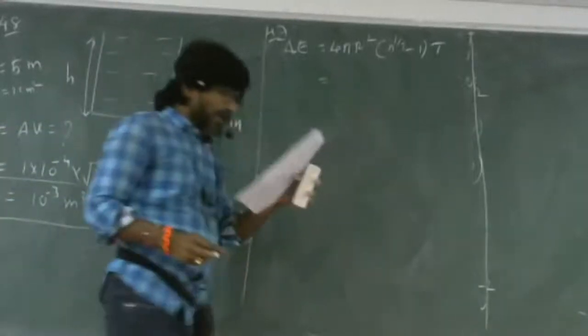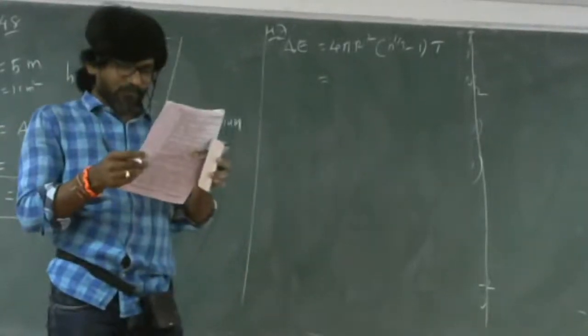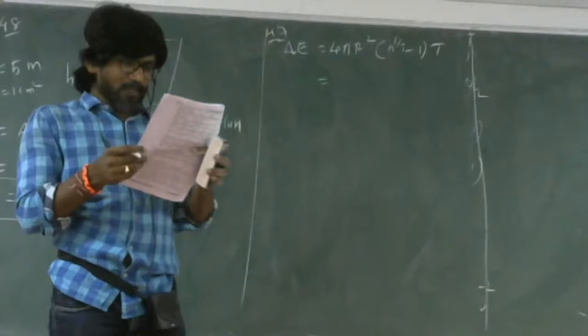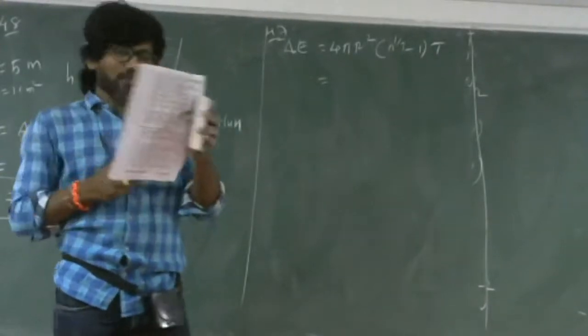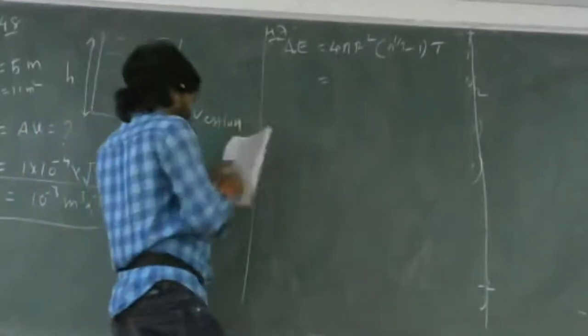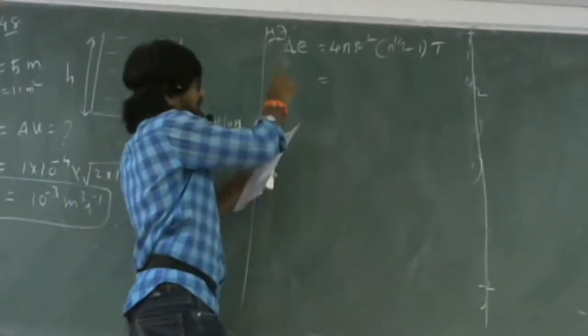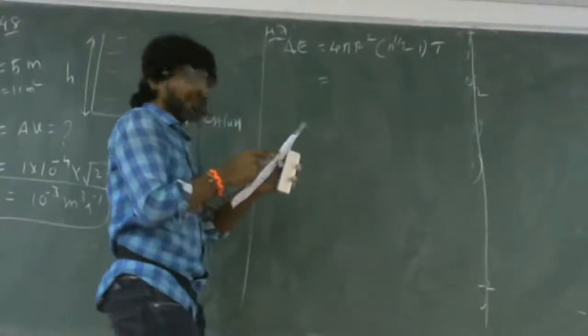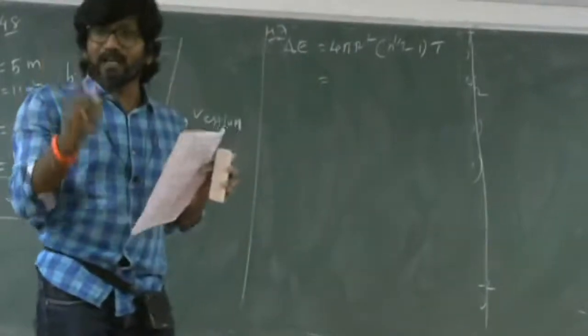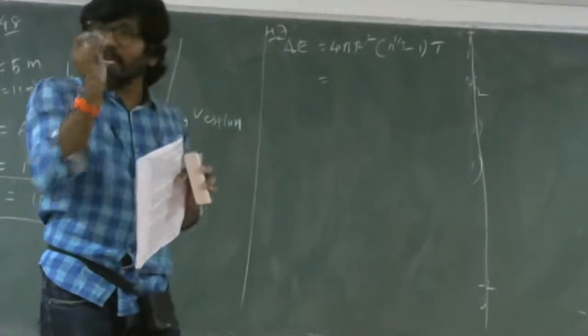So here r is the radius of the bigger drop, which is given as 1 centimeter. R is 1 centimeter and n is 10 power 6, and the surface tension is given as 460 into 10 to the power minus 3 Newton per meter. You have to observe whether all the quantities are in the same units or not.